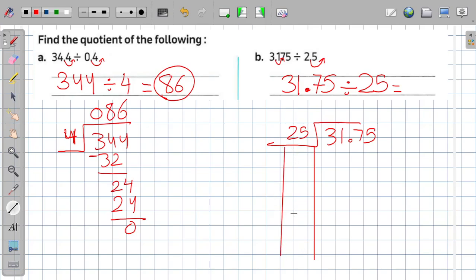Okay, so I have 1, 2, 3, 4, 5, 6, and 7.